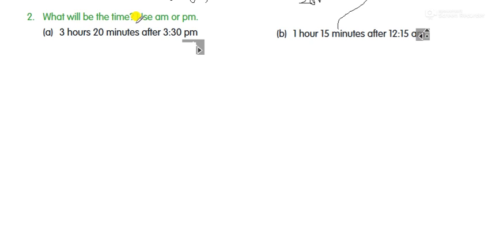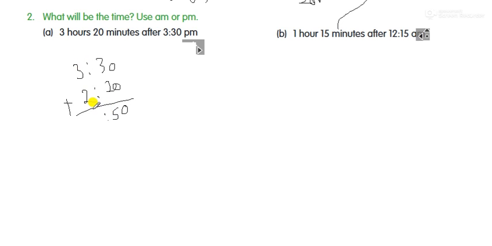Next, what will be the time? Use AM or PM. Here 3 hours 20 minutes after 3:30 p.m. So here after 3:30 p.m. we have to add 3 hours 20 minutes. So add 3 hours 30 minutes plus 3 hours 20 minutes. 30 plus 20 is 50 minutes.